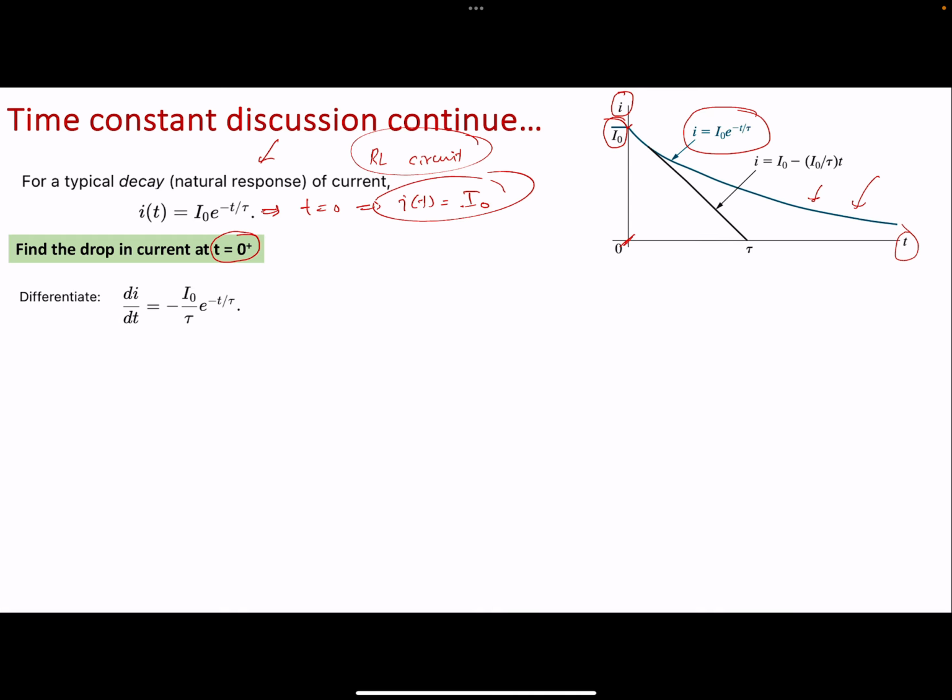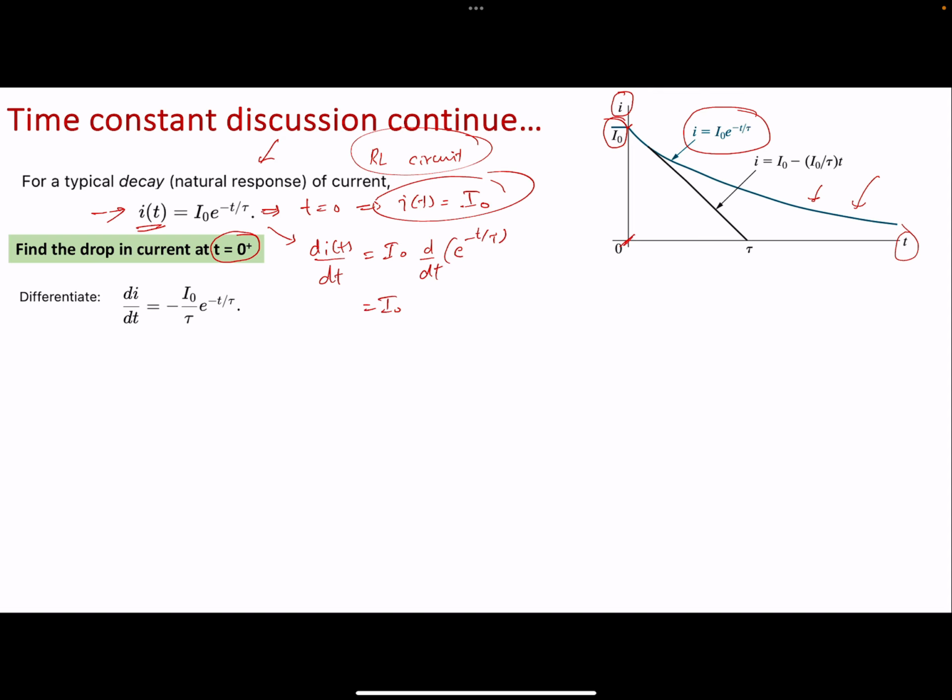Essentially, we just need to take a derivative with respect to time on both sides. So we can do di by dt over here, and take the derivative of the right side as well. For example, di of t by dt equals I naught, which is a constant, times d over dt of e raised to the power minus t over tau.